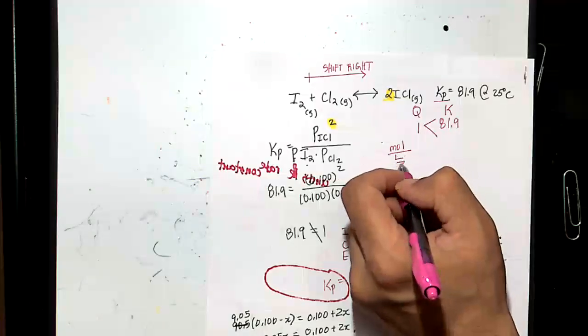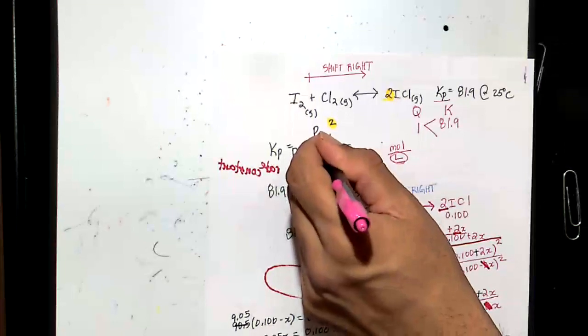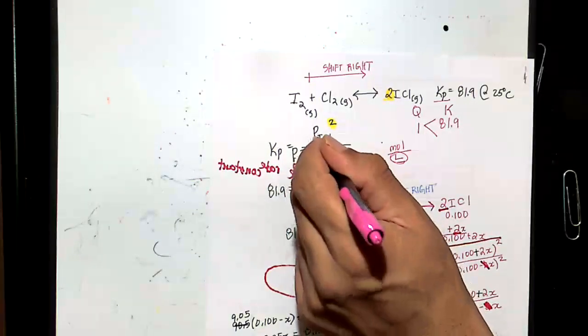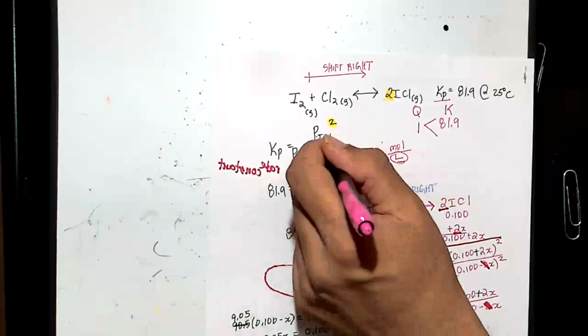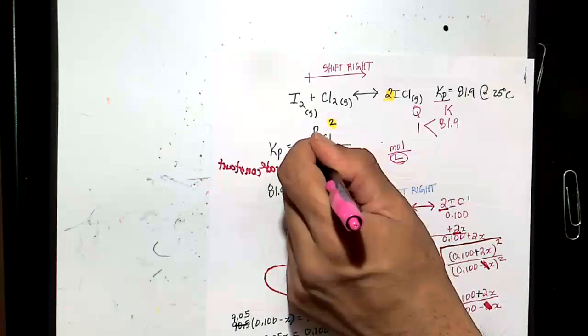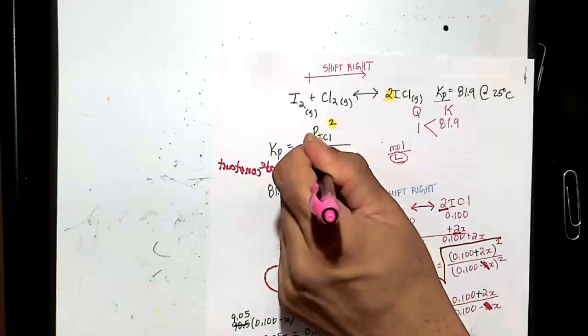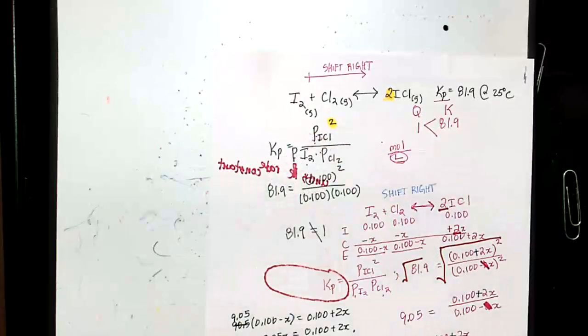Divide by 5 liters. Make sure you divide by the volume. Don't just put moles in here. Moles over liter goes in here. Pressure goes in here. Moles over liter goes in here, not moles.